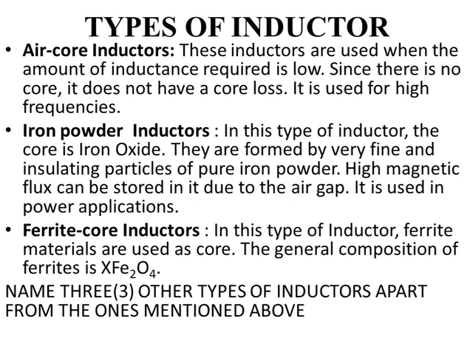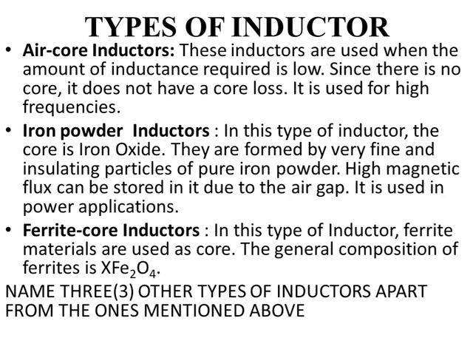Since there is no core, because it's just an air core, and air is not something you can hold, it does not have a core loss. Since there is no core, there will not be any loss in the core. It is used for high frequencies.